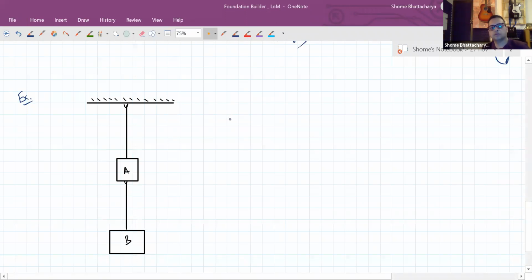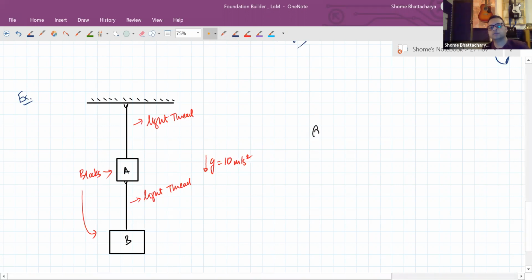Both of these are light threads. This is also a light thread, whereas these are blocks. And again, we have to take g as 10 meters per second square.